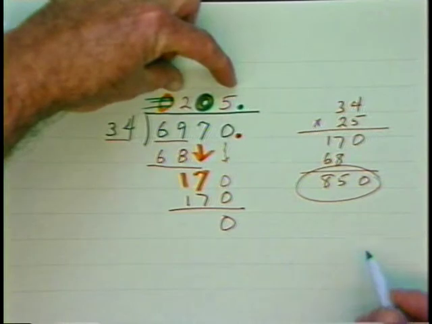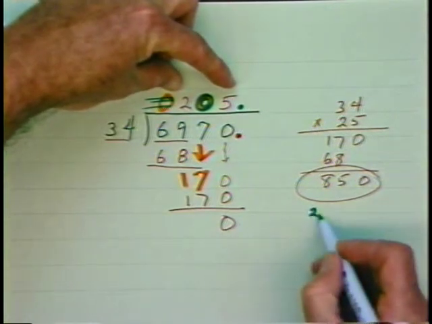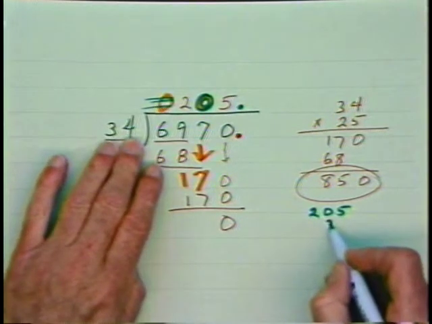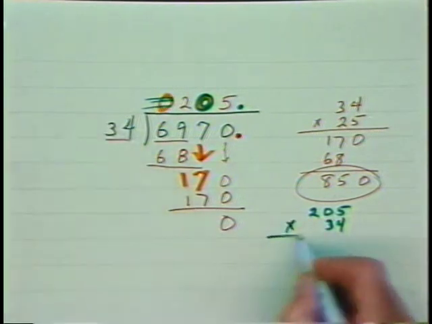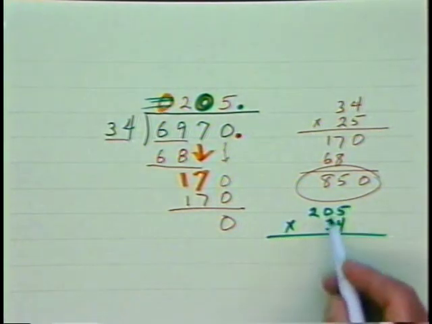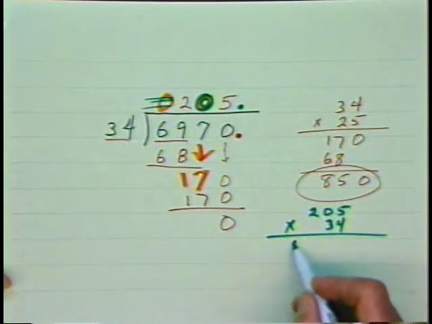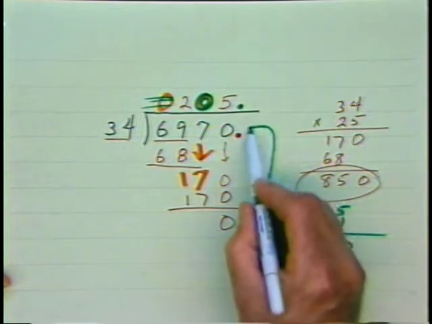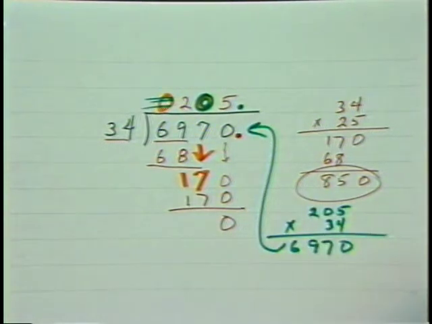Now, if we were to take 205 times 34 and multiply that, and I won't do it here to save time, I've already done it on the calculator, and the answer is this. And it does check.